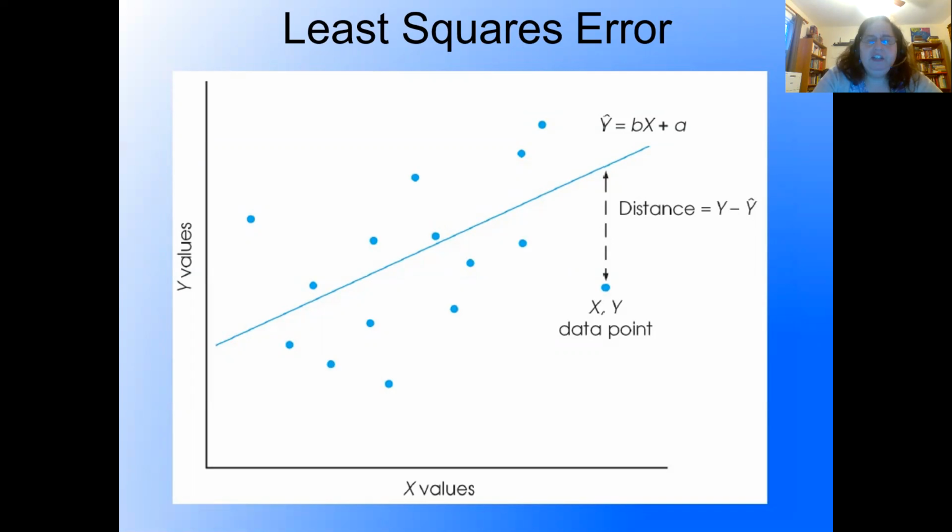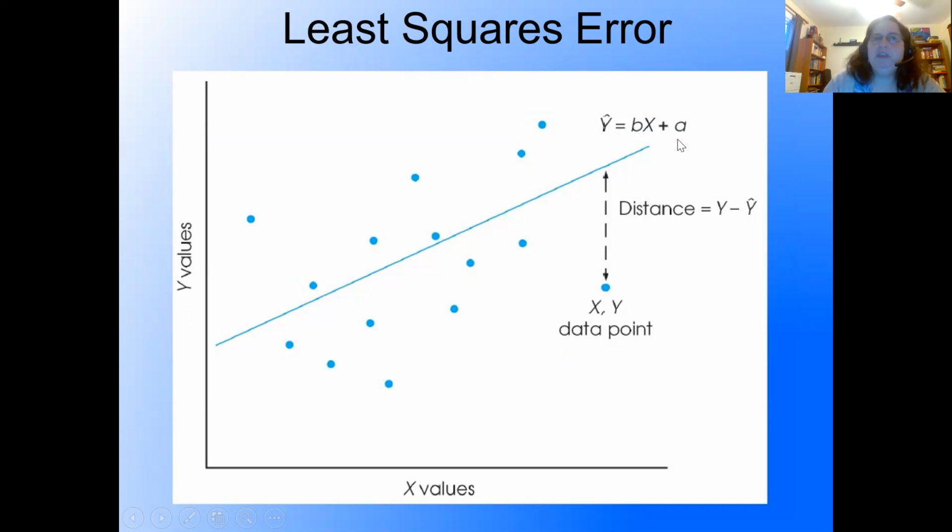So here is that least squares error again. And you can see now, looking at this actual formula, y hat equals bx plus a. We would be given what this line actually is, what the formula is, and then we could fill in our x and get our y hat.